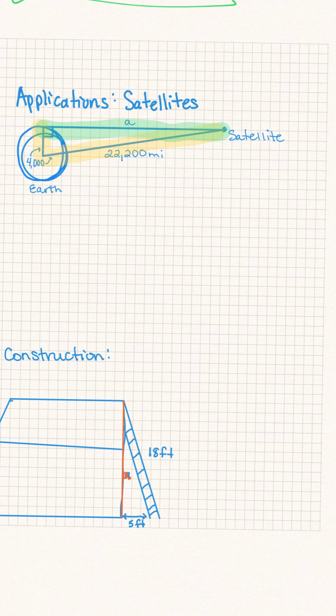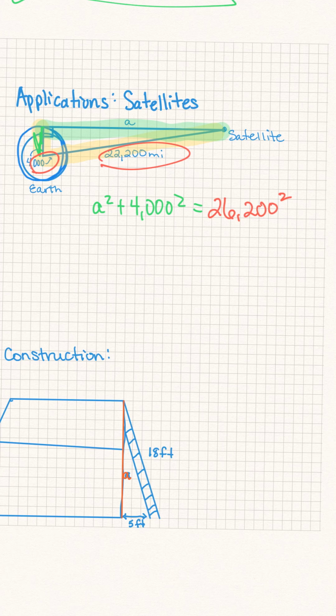So a squared is what we're trying to figure out. We know that b squared is 4,000 squared, and that's going to equal 4,000 plus 22,200, so 26,200 squared.